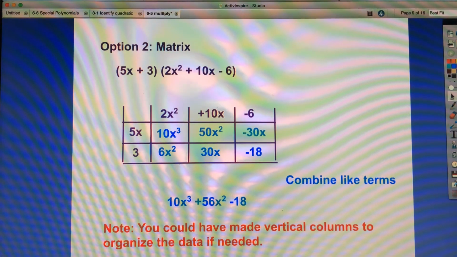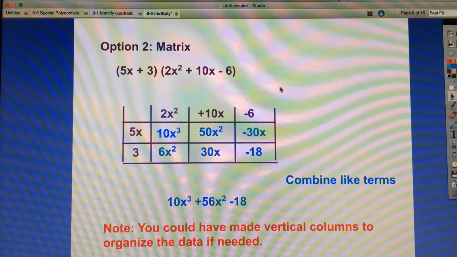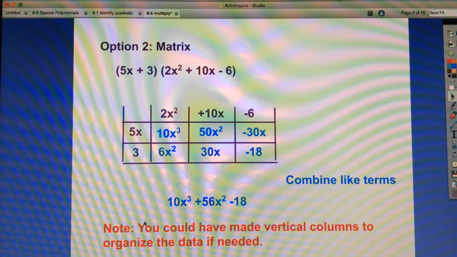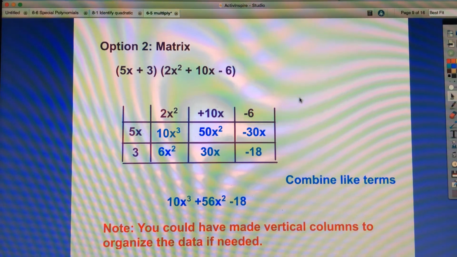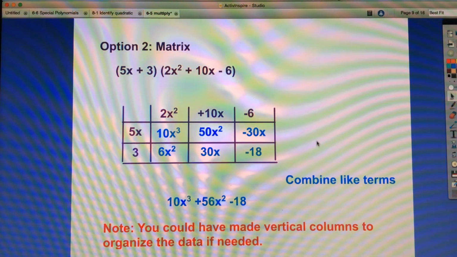Option 2, what if I decide I want to make something called a matrix? Think back to 3rd grade when you had a 100 table and you had 0 to 10 down the vertical side, 0 to 10 across the top, and you multiplied each number and filled in that 100 table as fast as you could.